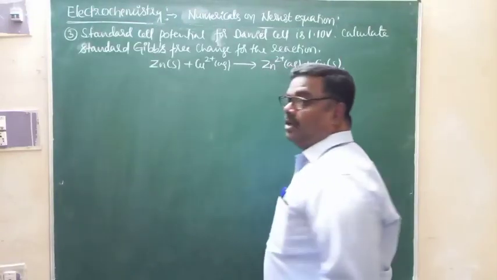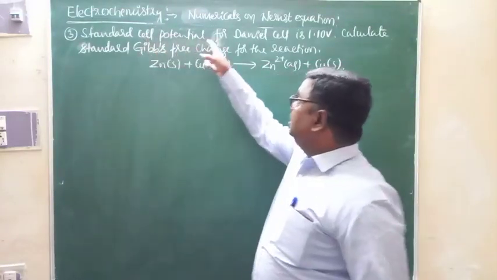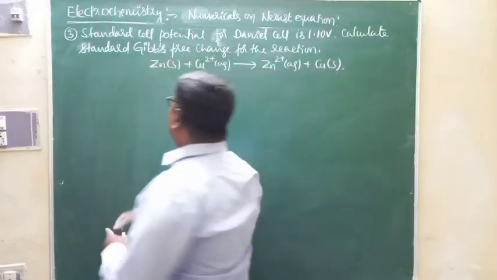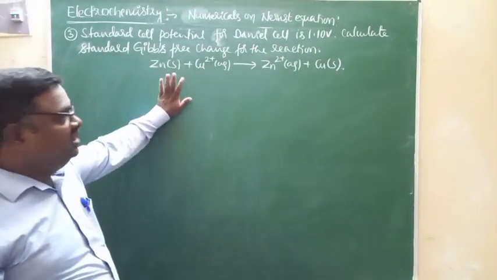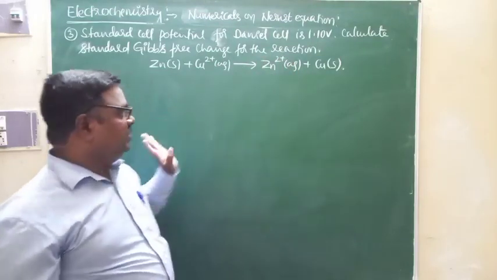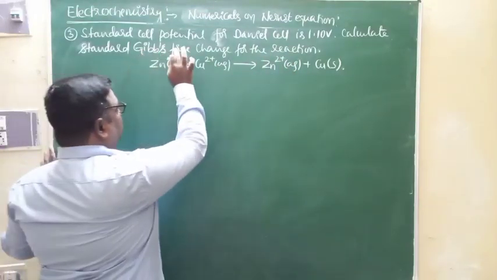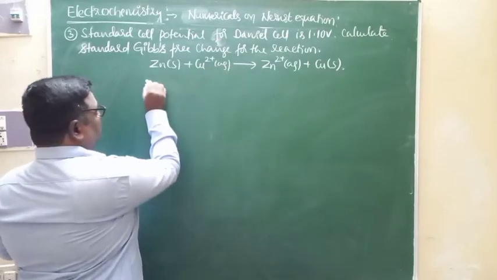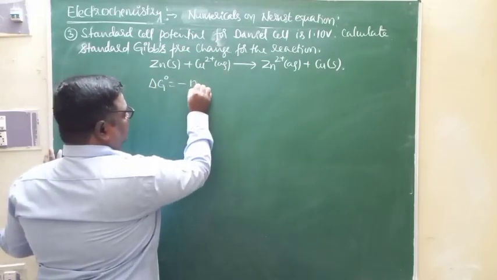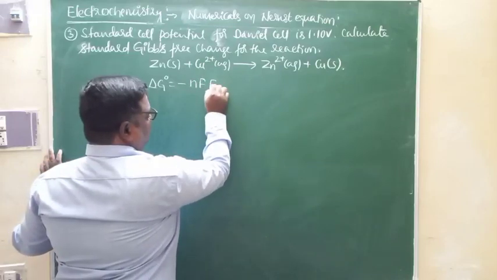Look at the third problem here. Standard cell potential for Daniell cell is 1.10 volts. Calculate standard Gibbs energy change for the reaction. The reaction taking place in the Daniell cell is given, and on that basis you are supposed to calculate the standard Gibbs energy change. You know the relationship between standard Gibbs energy change and the cell potential: delta G naught is equal to minus nF E naught of cell.